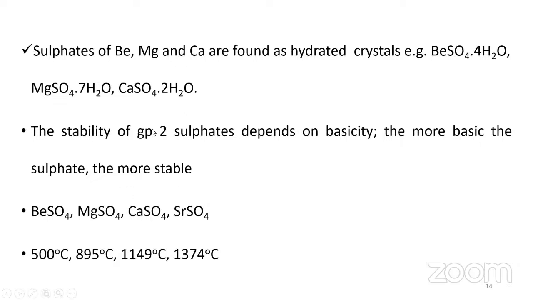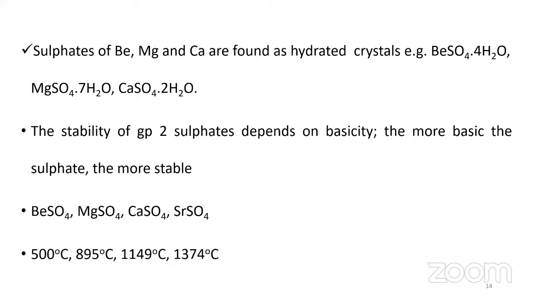Your calcium sulfate has 2. It's actually your calcium hydroxide that had 6 molecules of water. Your calcium sulfate has 2 molecules of water. So we say that they are usually hydrated.